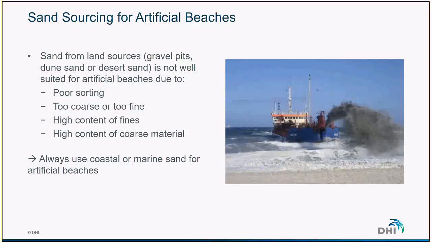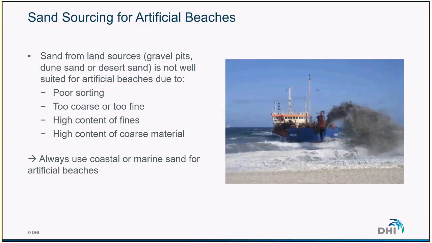The quality of the sand that is used for the artificial beaches is very important. Of course, it's important when we work on it. We prefer to work on finer sand than on very coarse gravels. But it's also important with regards to the stability of the beach itself. Usually we tend to avoid sand from land sources because the sorting is relatively bad and it's either too coarse or too fine.